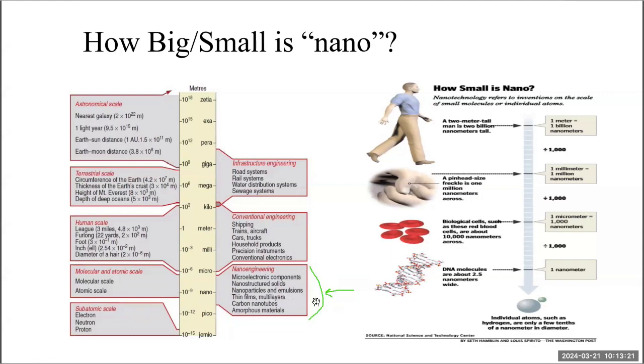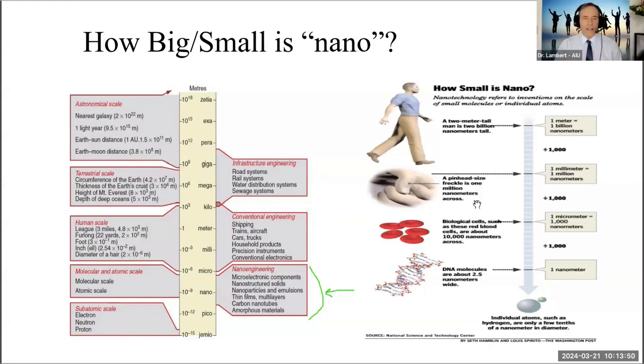And then you have the subatomic scale, which is electron, neutron, proton. This is even lower than the nanoscale. It's 10 to the power minus 12, which means 1,000 times smaller than the nanoscale.